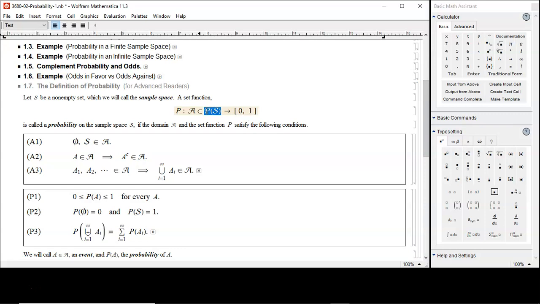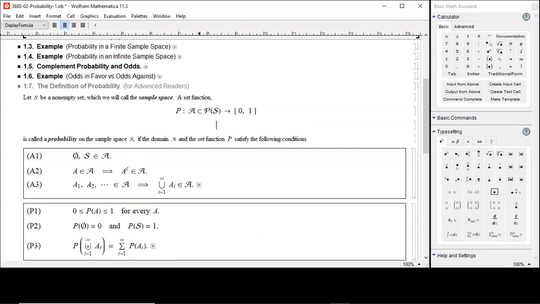Instead of taking the entire power set, we have to go down to an appropriate domain. But because we went down a little bit, which is not the same as the entire power set, this domain must satisfy its own set of axioms. This kind of example is similar to this.